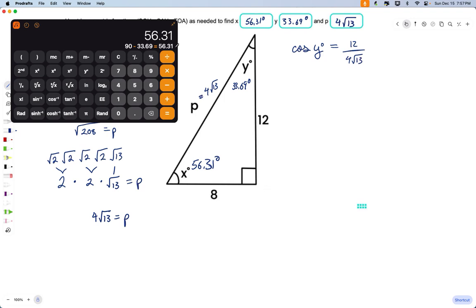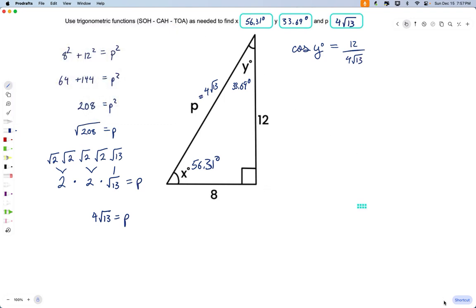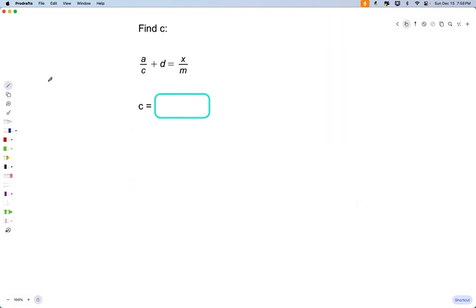All right, we're going to find c in this problem. So first of all, a over c plus d equals x over m. So we need to find a common denominator, and that's going to be mc or cm. So I need to multiply m over m times a over c, plus cm over cm times d over 1, is equal to c over c times x over m.